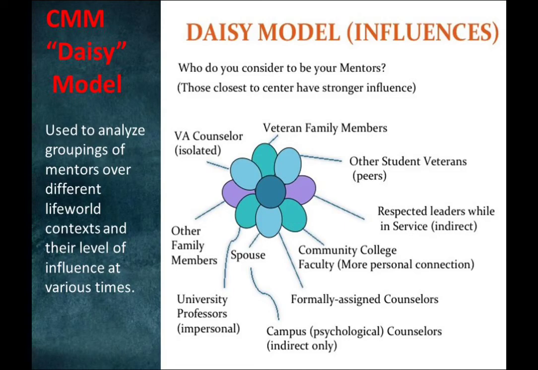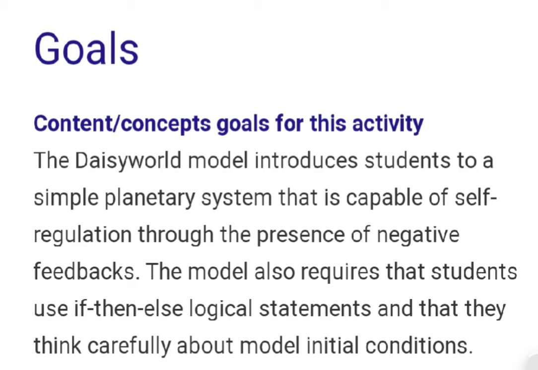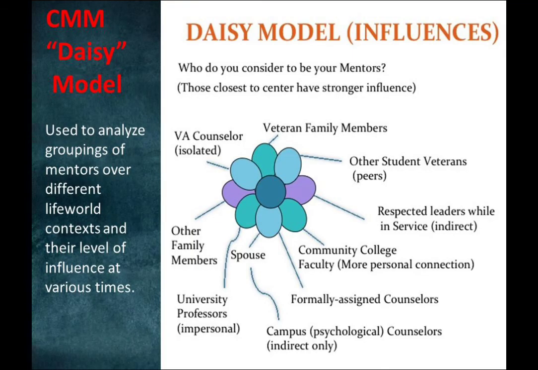So we have two models and one approach. First, letter A, the Daisy model. Daisyworld is a planet covered by two species of daisy, one white and one black, whose growth is determined by temperature and whose albedo influences that temperature.